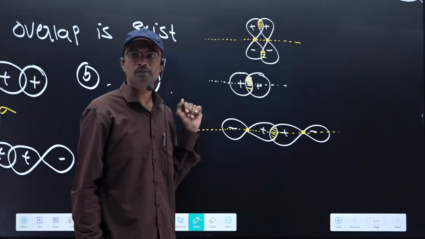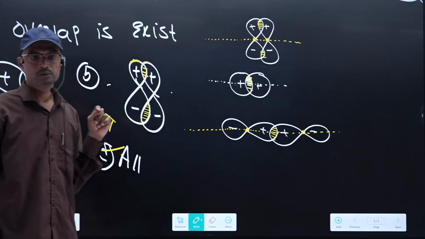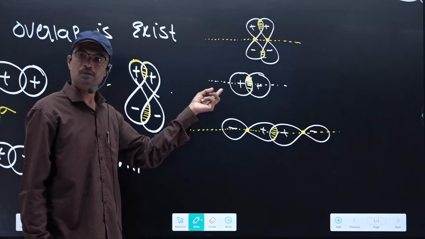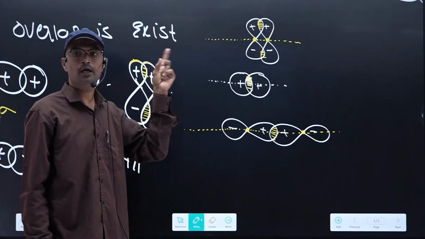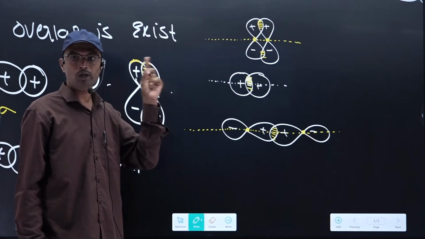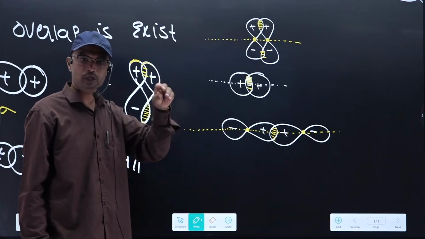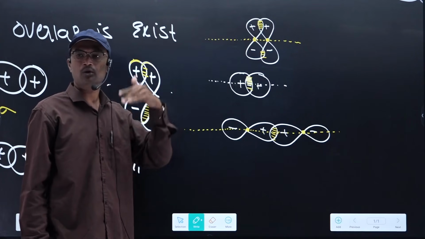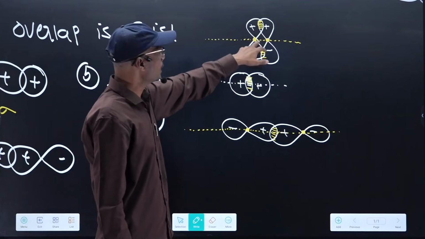How can you define a sigma bond? Head-on overlap is called a sigma bond, side-on overlap is called a pi bond. So during head-on overlap, whichever two atomic orbitals are overlapping, that overlap and their nuclei should lie on the axis. If the overlap and nuclei do not lie on the axis, if they are perpendicular, then you will get a pi bond.